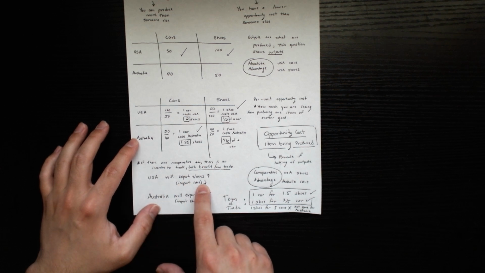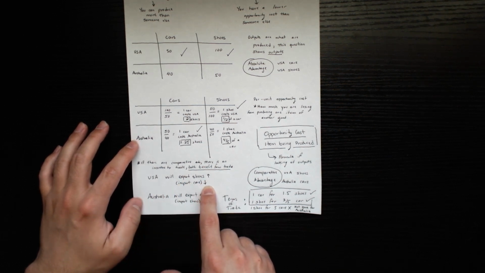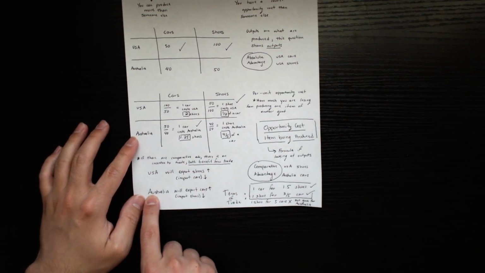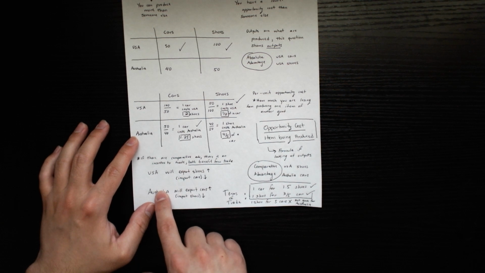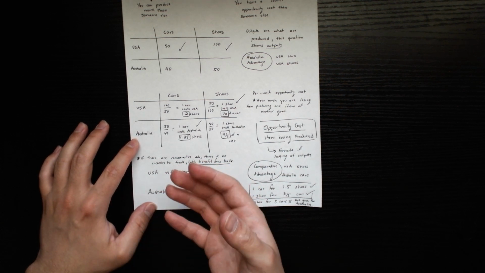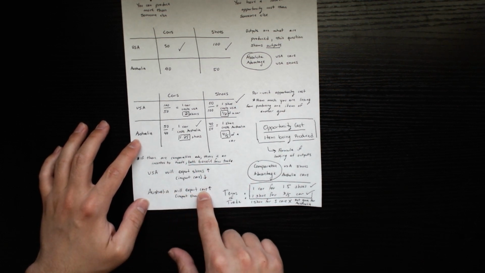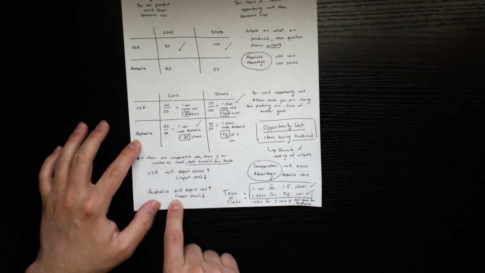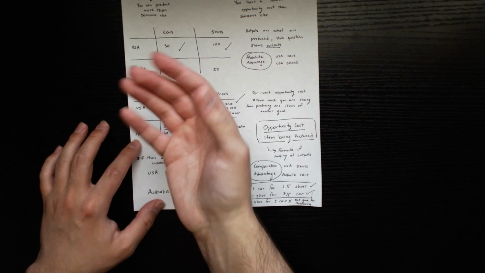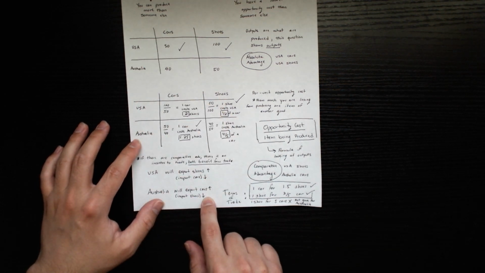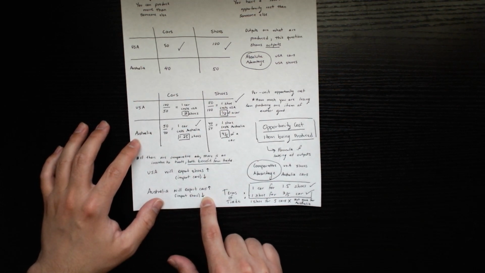Now, when you're importing, you want to pay as low a cost as possible. Australia has the comparative advantage in producing cars, so they're going to specialize and produce only cars, and then they're going to export the cars, which means they're going to end up importing the shoes. And again, if you're importing it, you want to pay as low a cost as possible.